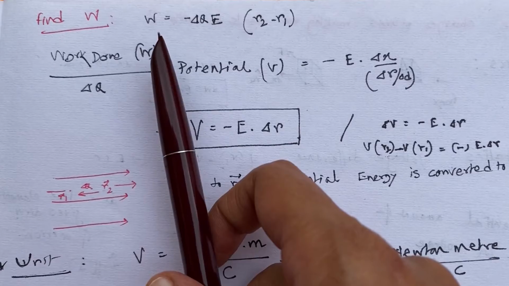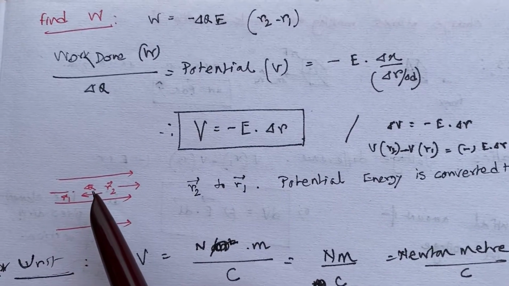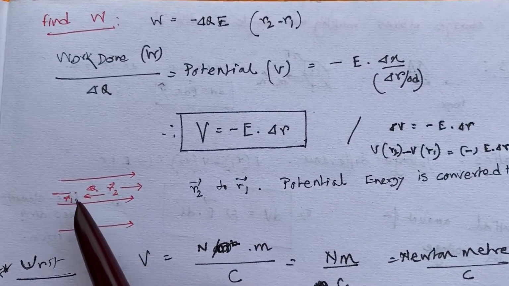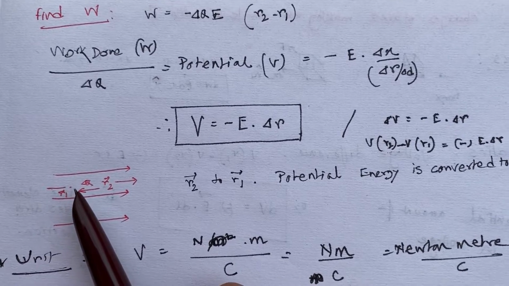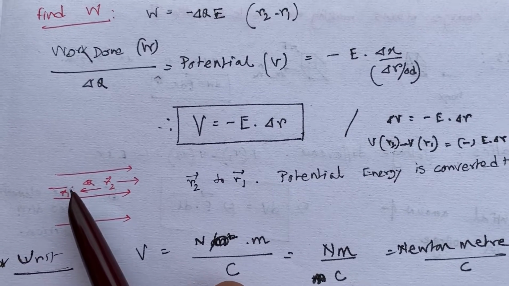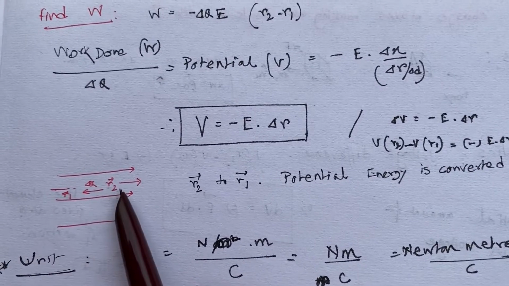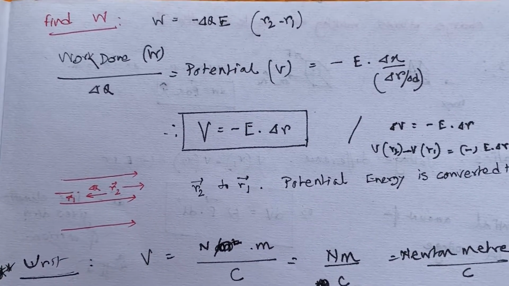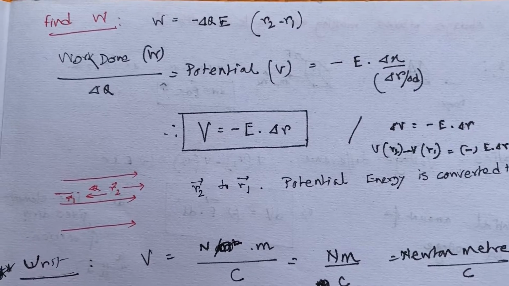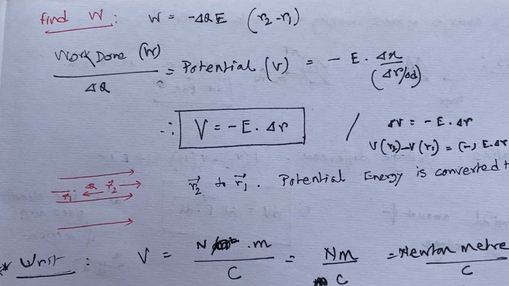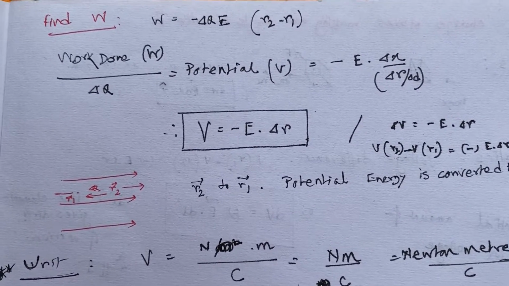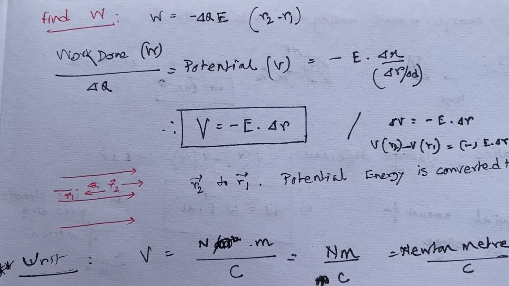So this work done will be stored inside this delta Q charge as potential energy, so that when I leave the delta Q charge here, it will again retain its original position at R2 on its own, in lieu of the potential energy I have stored inside it by doing work on it.